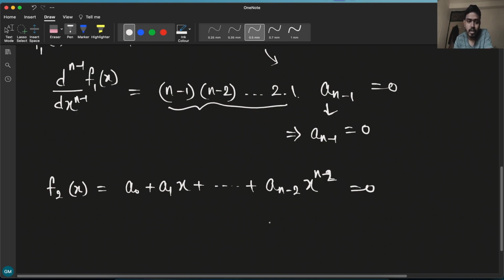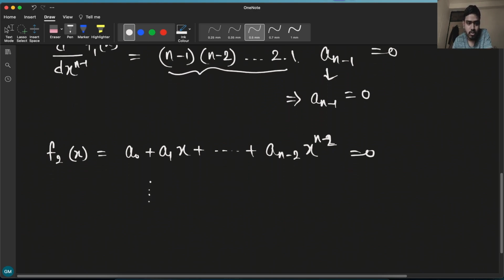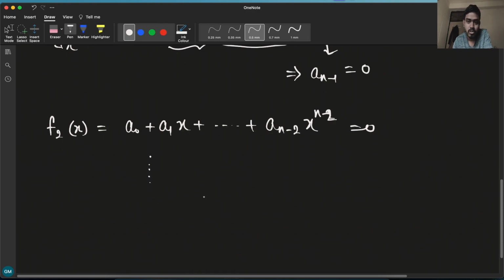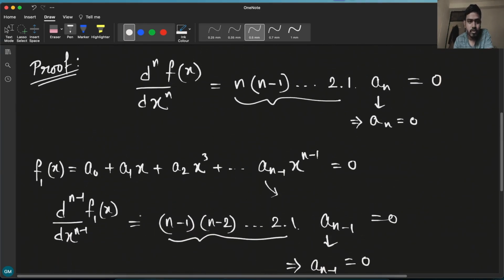In that way you can just go down and show that all the ai's are 0. So it's a very easy proof.